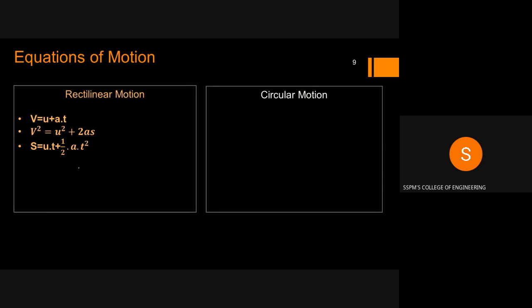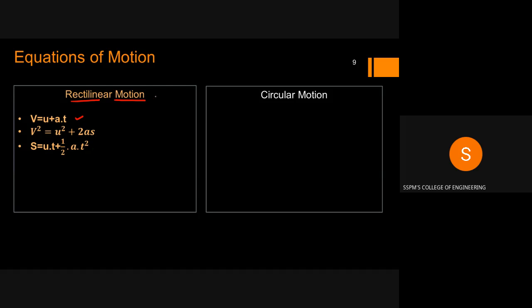Now these are the kinematic equations for the rectilinear motion. You must have studied these equations in the 11th. First is v is equal to u plus at, v square is equal to u square plus 2as, and s is equal to ut plus half at square.